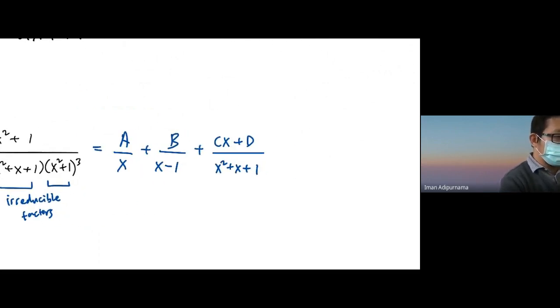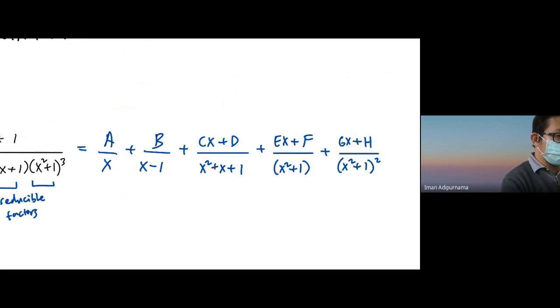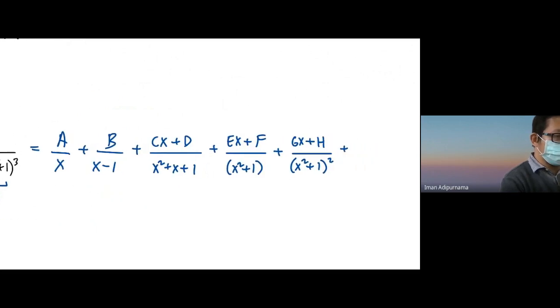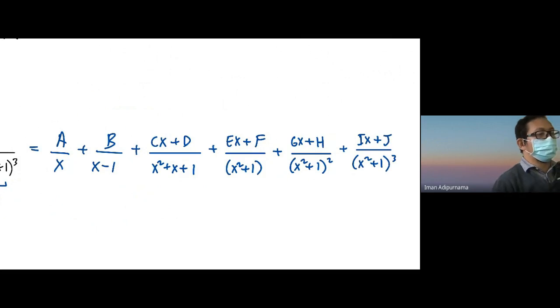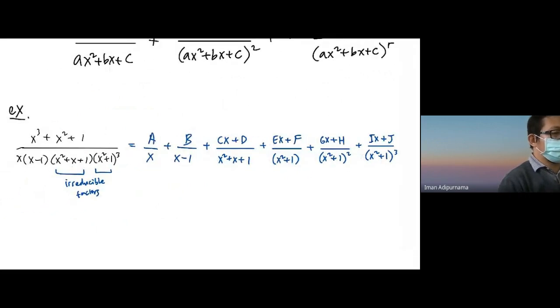And we will have 3 repeated irreducible factors. So the first one is this, the second one. Okay, so a lot of fractions here.